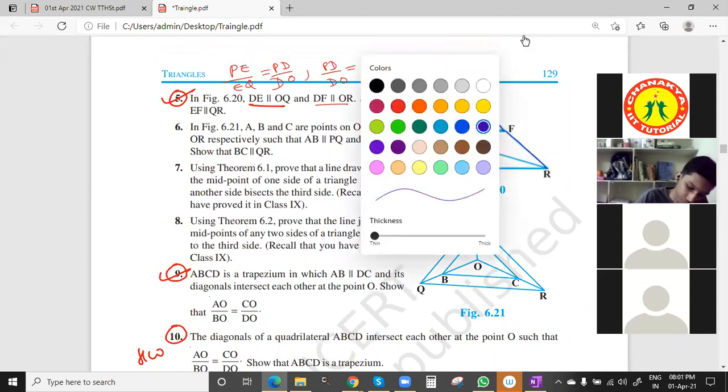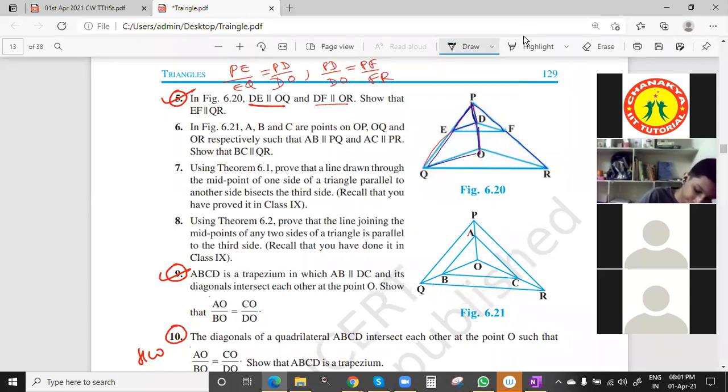In this case also we take the triangle PDF and another triangle PQR. Comparing these equations, we can write PE by EQ equal to PF by FR.